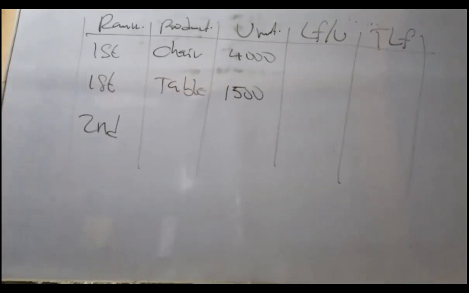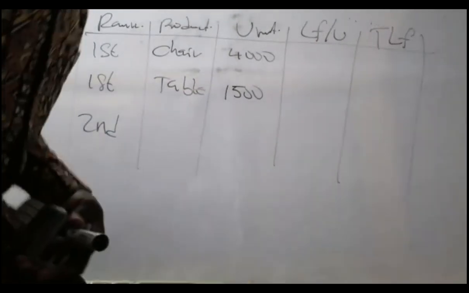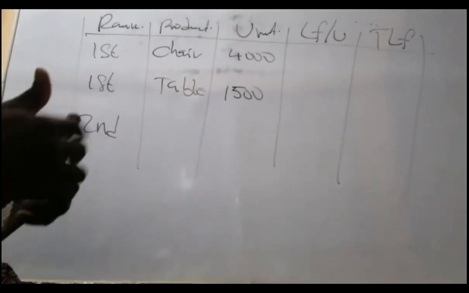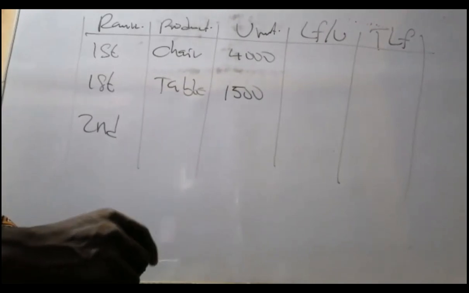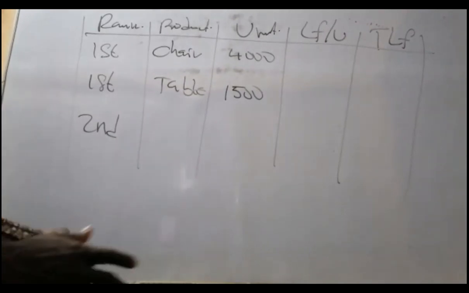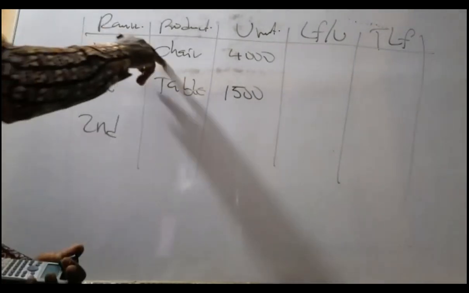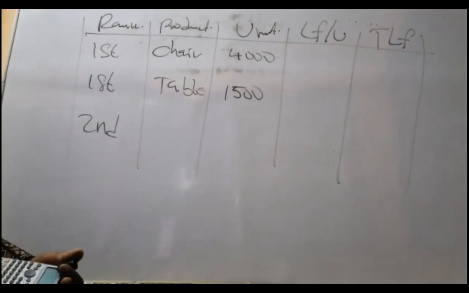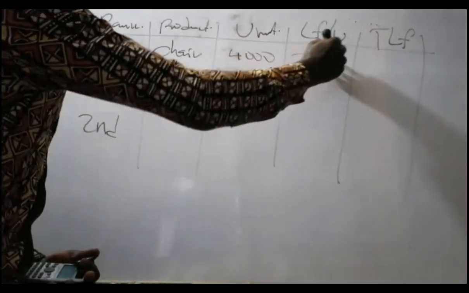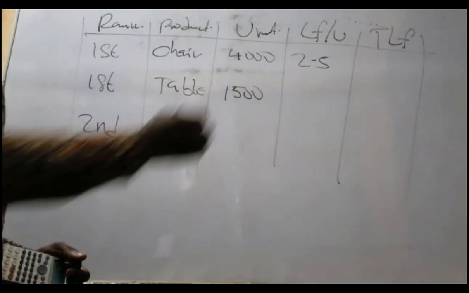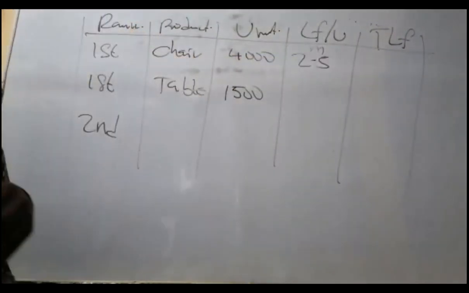What is the limiting factor per unit? Here we identify the limiting factor to be timber. What is the unit of timber required? The unit of timber required for chairs was 2.5, right? So here let's put meter square.